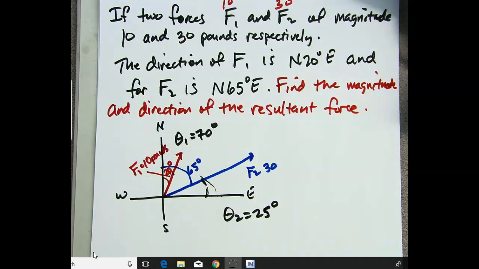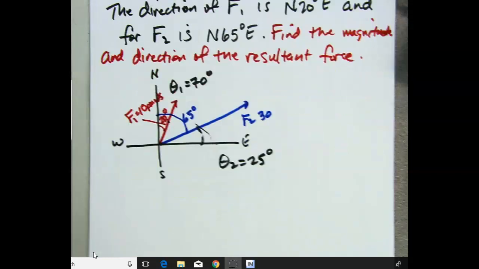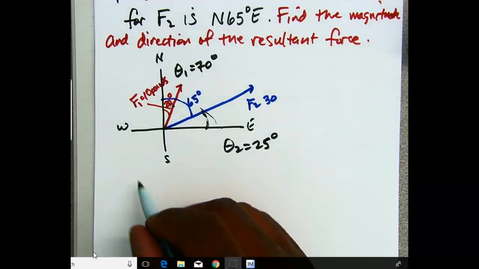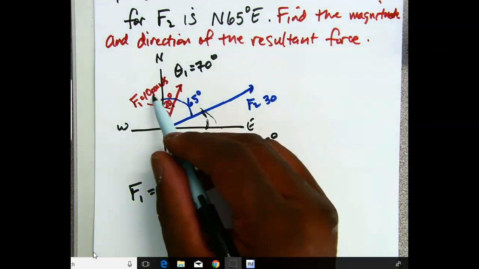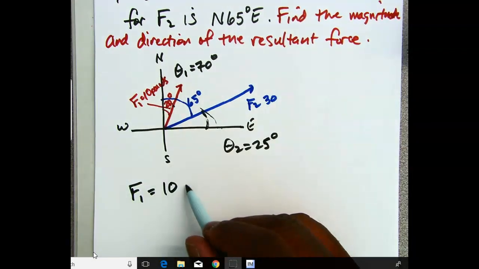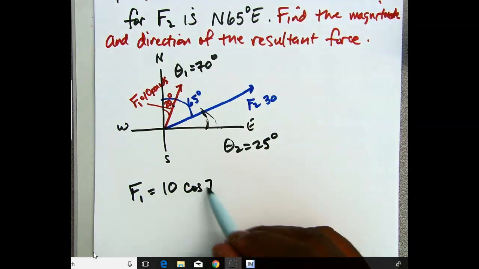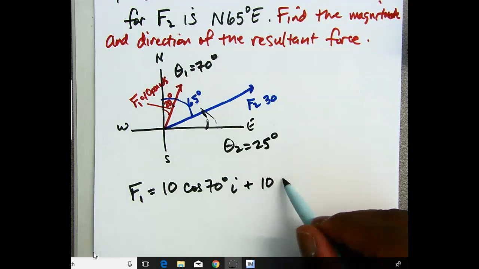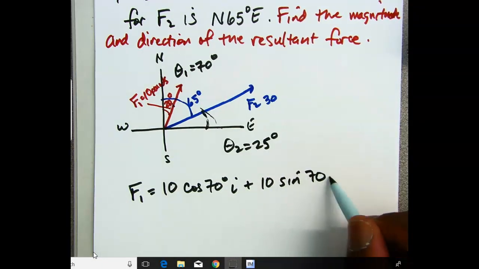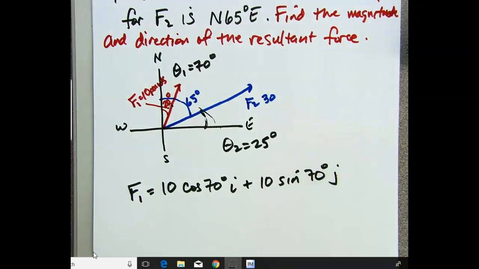So let's write F1 in terms of magnitude and direction. F1 is going to be 10 times cosine of 70 degrees, i, plus 10 times sine of 70 degrees, j.